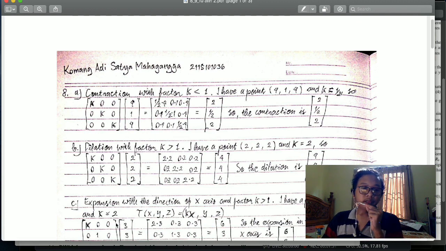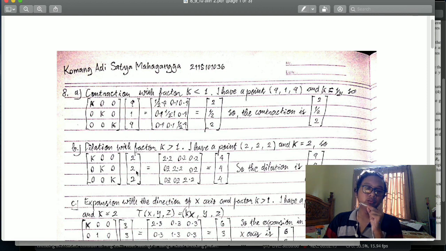For part B, we must find the shadow, the dilation with a factor k more than 1. So I have a point again, 2, 2, 2, and I decide that k is 2.